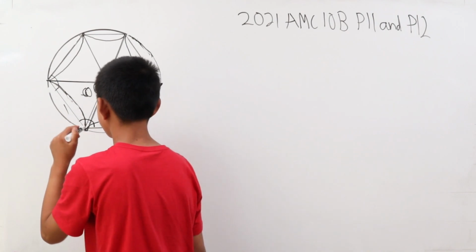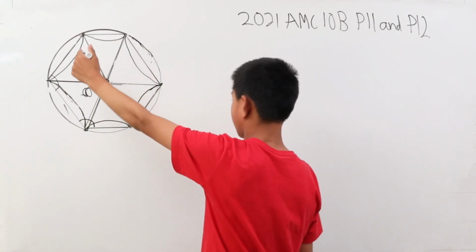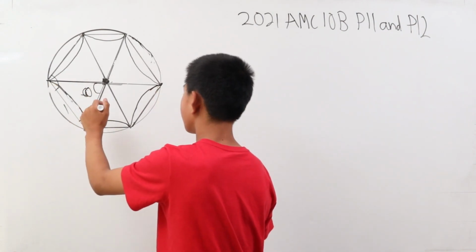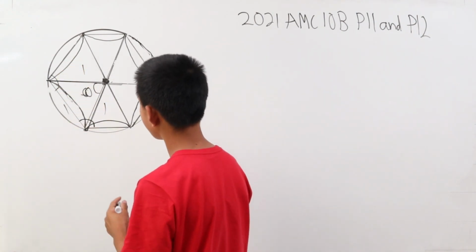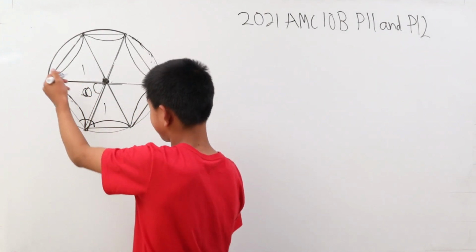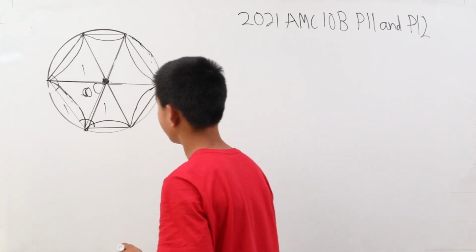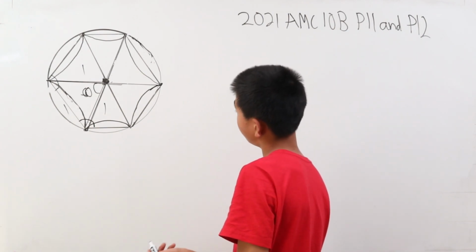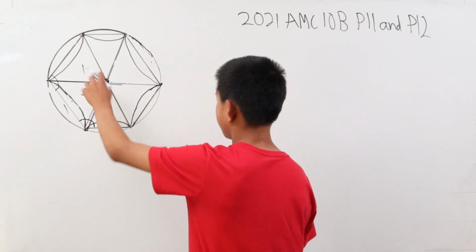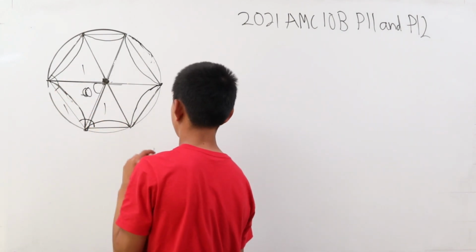We are given that all of these side lengths are 1. This is an equilateral triangle, so all these other side lengths are 1 because we just proved it. 60 degrees, 60 degrees, and 60 degrees. Now we can find the area of this equilateral triangle.